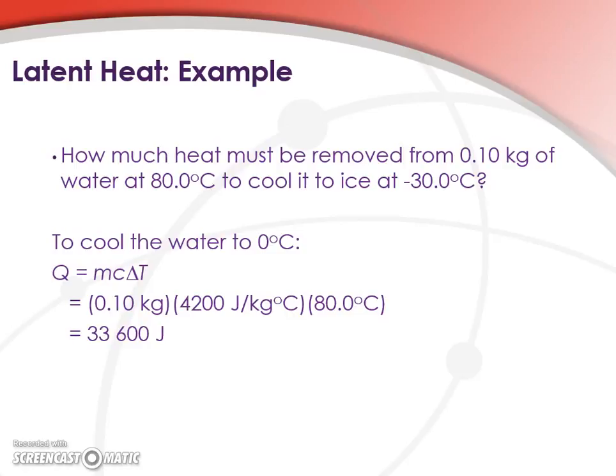So we find that it's 3.36 times, sig fig error there, so call that 3.4 times 10 to the 4. So this gives us the heat required for step 1.